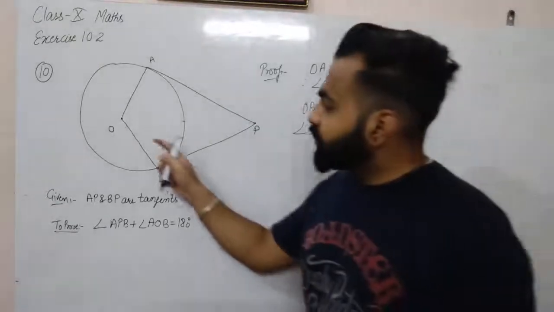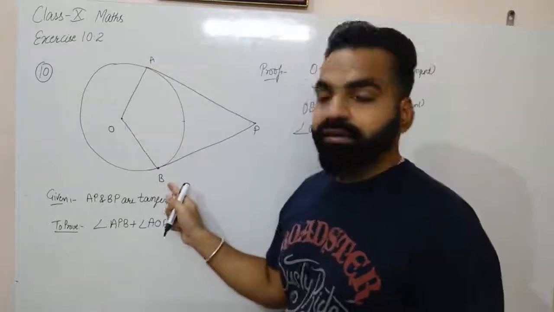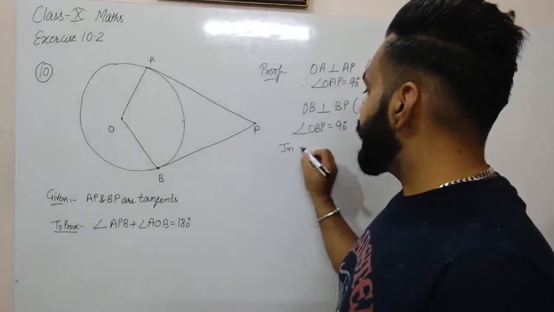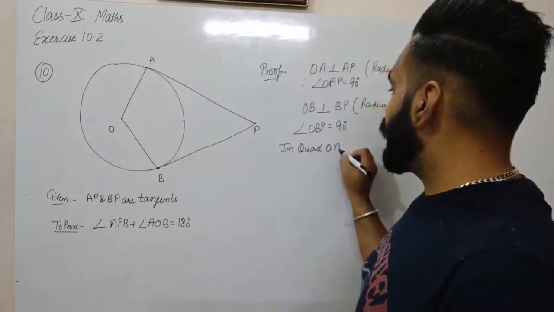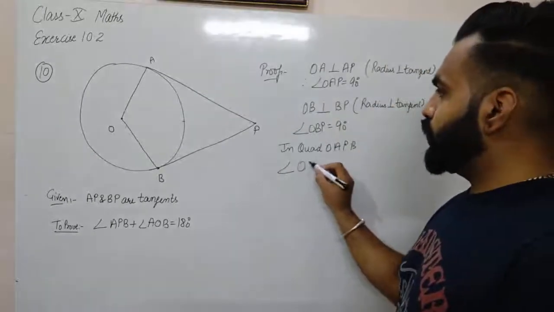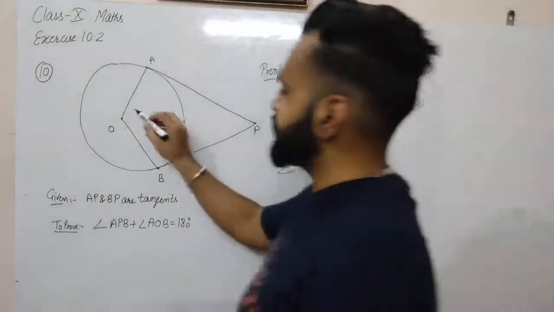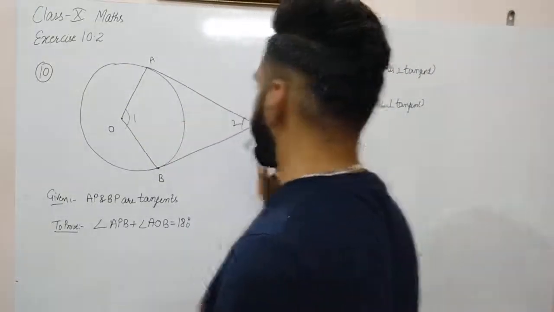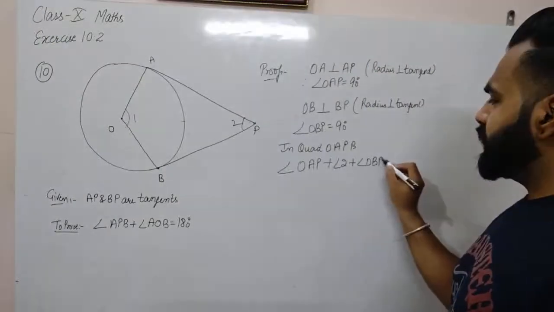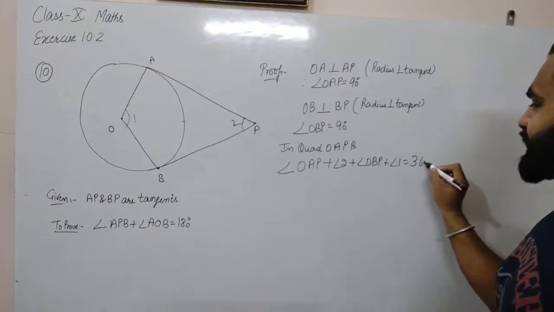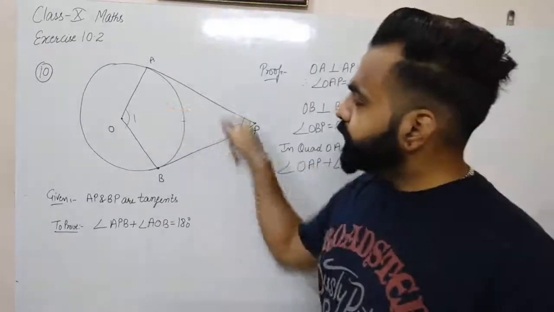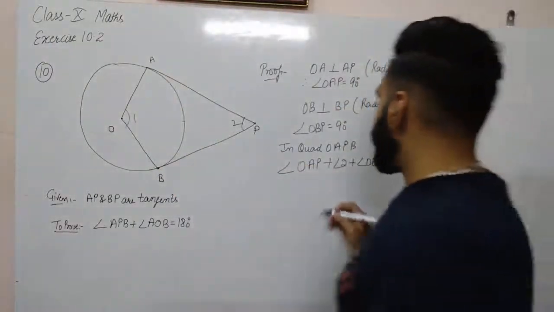Now in quadrilateral OAPB, the sum of all the angles is equal to 360, angle sum property. So in quadrilateral OAPB, let us say this is angle 1 and this is angle 2. Angle OAP plus angle 2 plus angle OBP plus angle 1 is equal to 360, angle sum property, and angle OAP and OBP are each 90 degrees, so we will put that here.